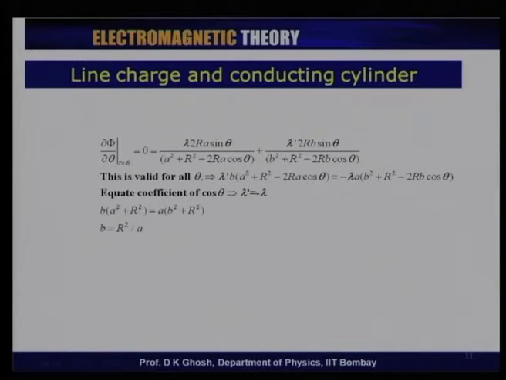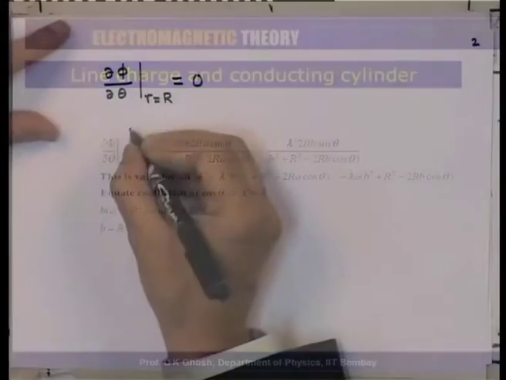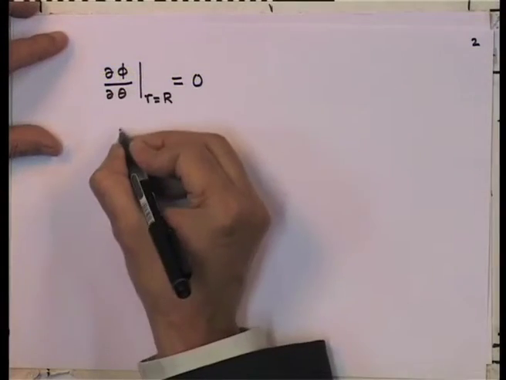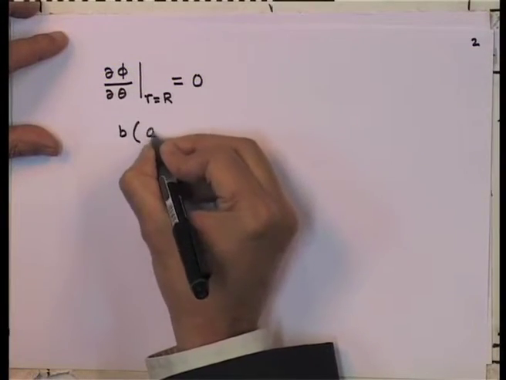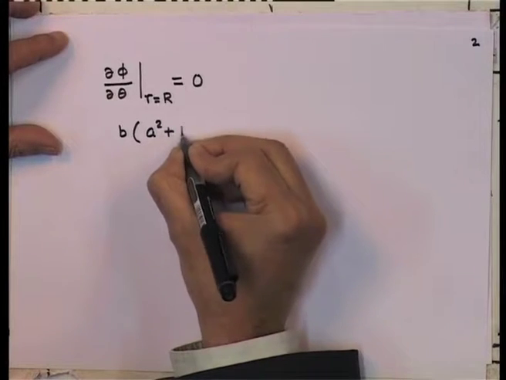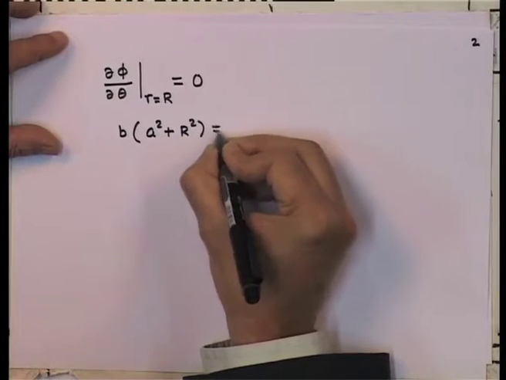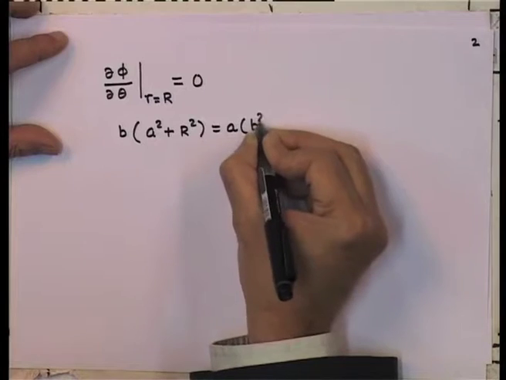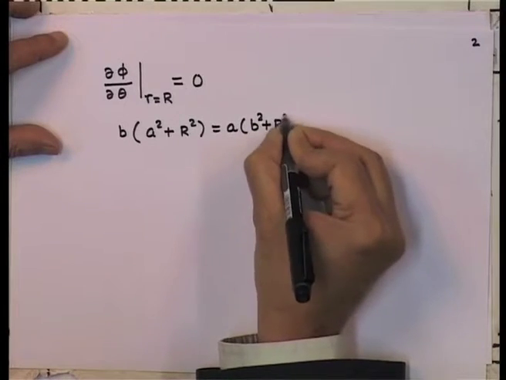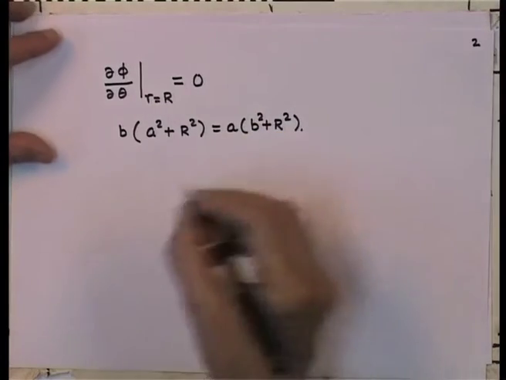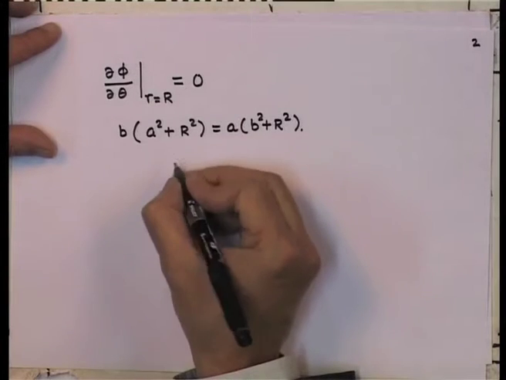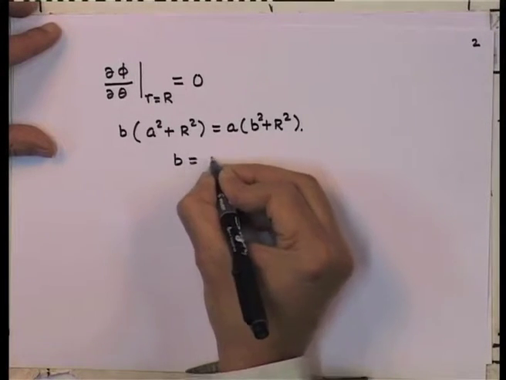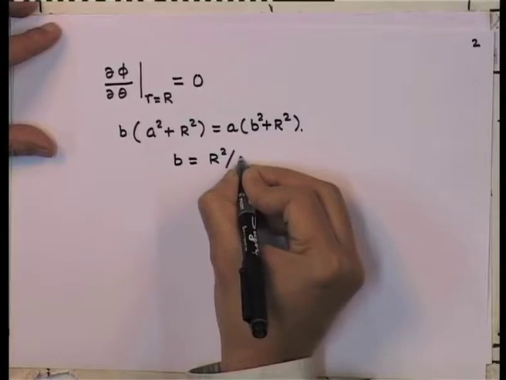Now, putting that in and cancelling this out, what I am left with is lambda equal to minus lambda prime. So, I get b into a square plus r square is equal to a into b square plus r square. You can solve this equation for a and b, and you get b is equal to r square over a.